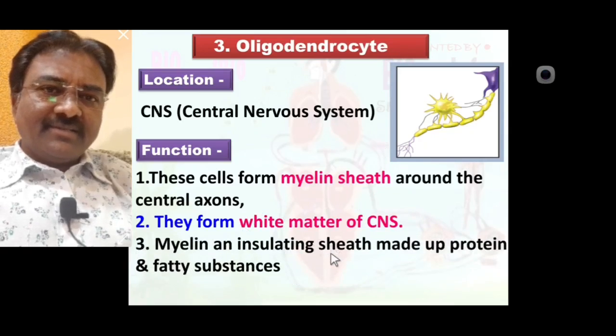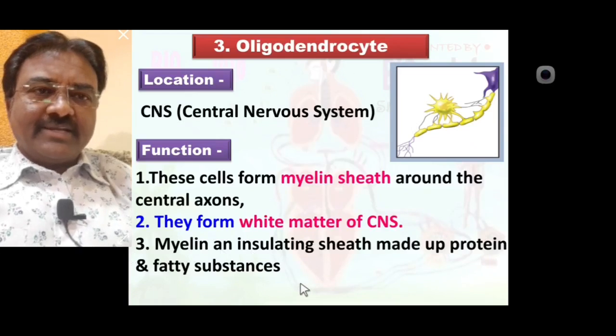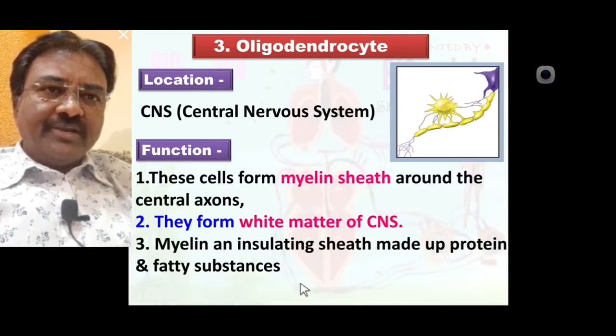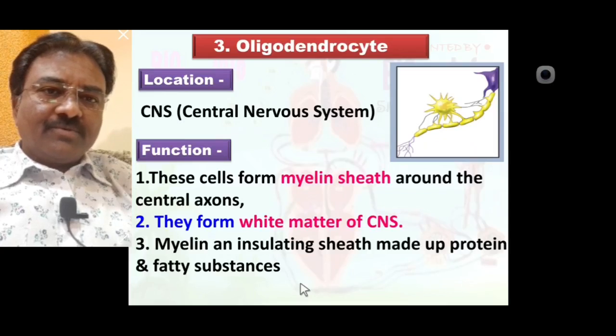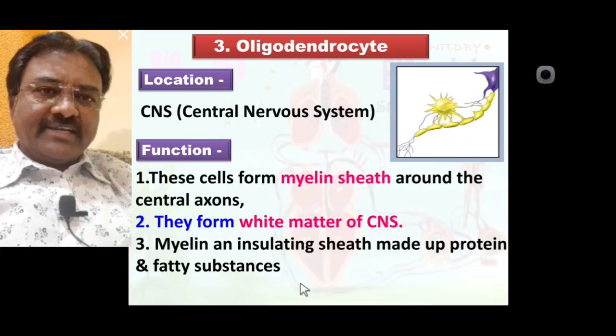Third function, the myelin insulating sheath is made up of protein and fatty substances. Such myelin insulating sheath is made by oligodendrocyte. So protein and fatty acid are present in the myelin insulating sheath.